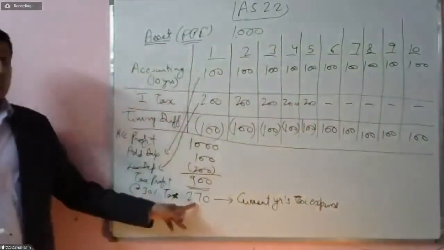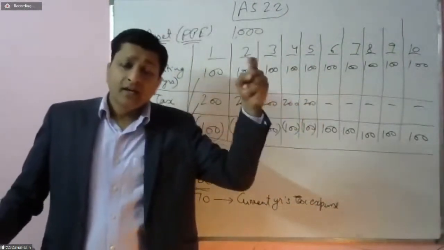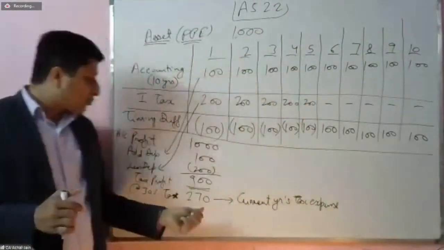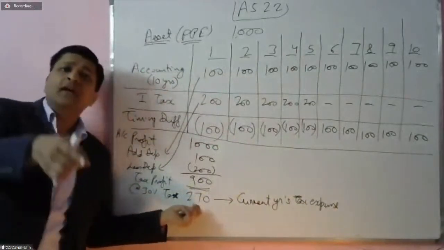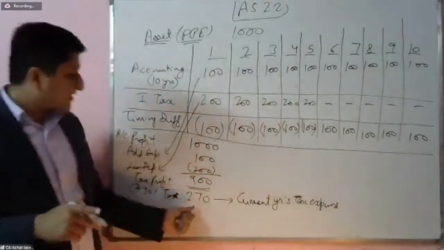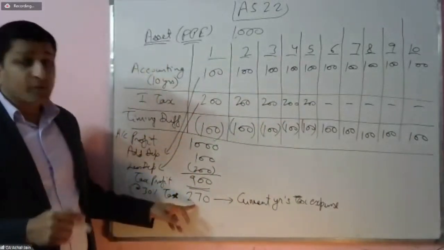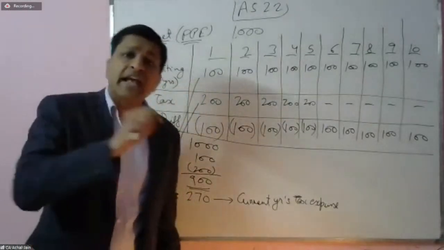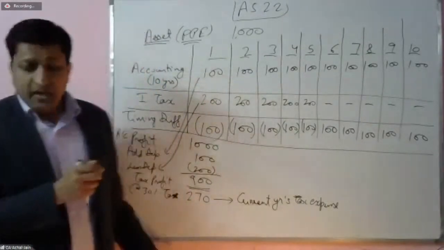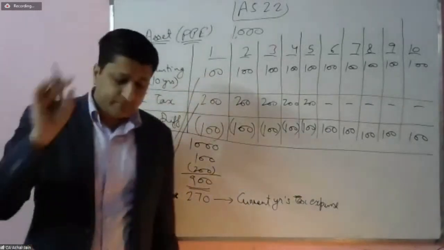Where will you show this 270? You will take it to the P&L. After PBT, you will show this tax expense and then compute your PAT. So this will become your current year's tax amount. This is how you compute your current year's tax amount.